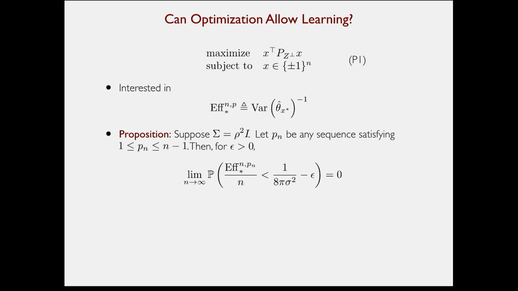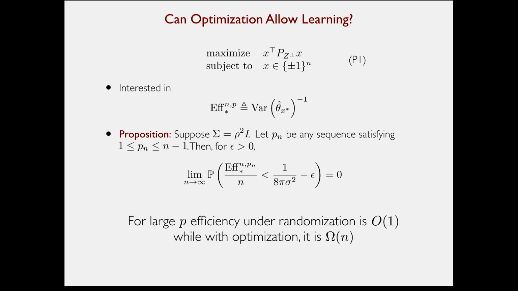Taking that same example, we can characterize the optimal value of this optimization problem, and show that this efficiency scales like n, which is the best possible scaling you could hope for.